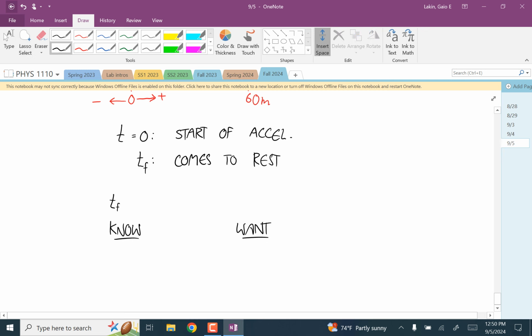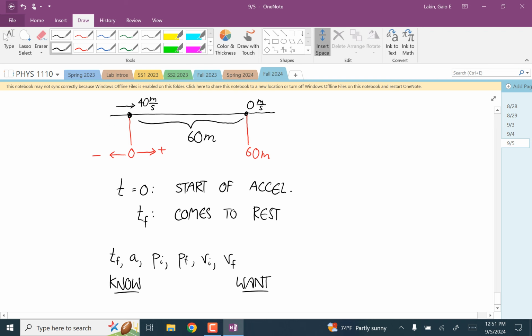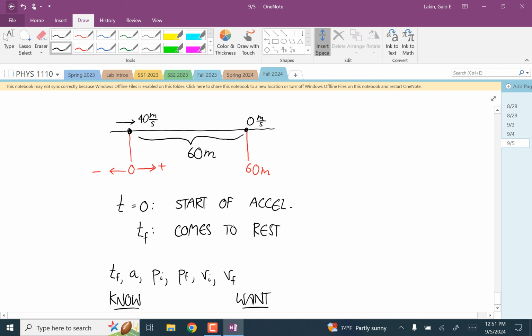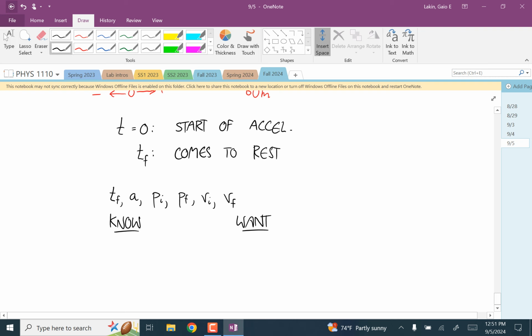So time final, acceleration, P initial, P final, V initial, V final. Okay, first, do we know how long it takes? So time final. Do we know what the stopwatch says when we click it off? No, we don't know that. For part B, we're going to want to know that, but for now, we're not worried about it. So I'm not going to write that under want, and I'm not going to write that under know.